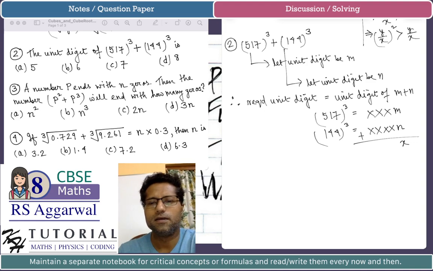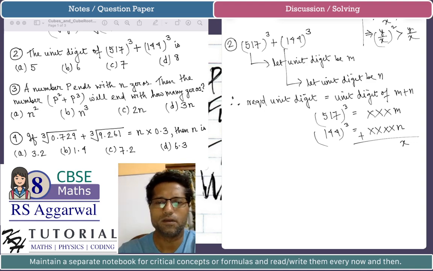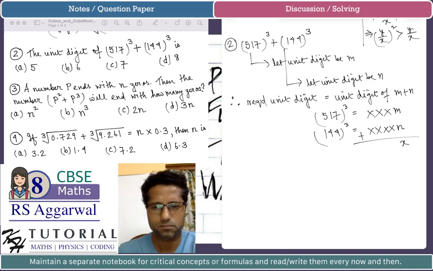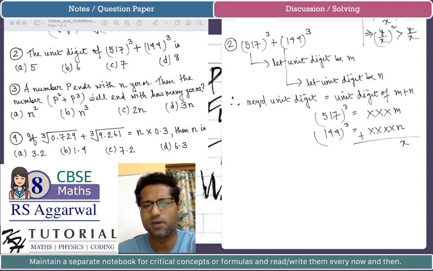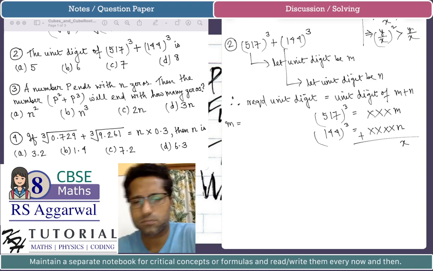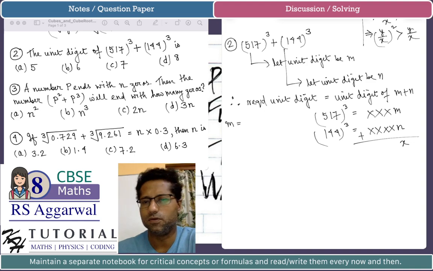So what will be the unit digit of 517 cube? That is m. 517 is ending with the digit 7.